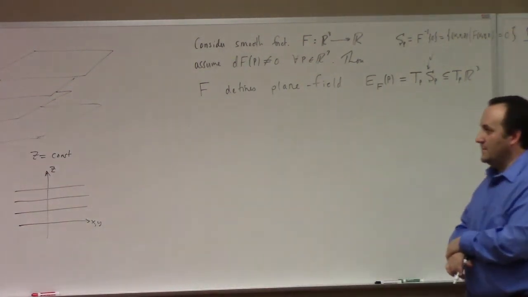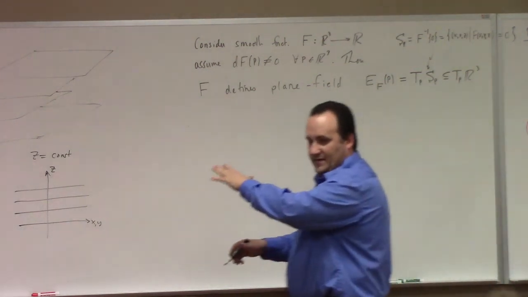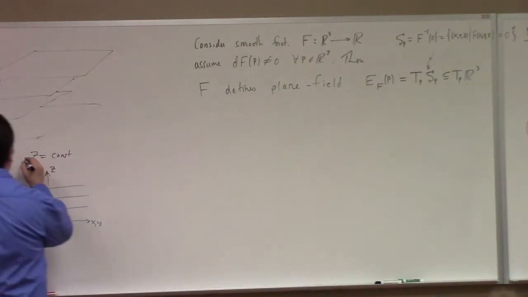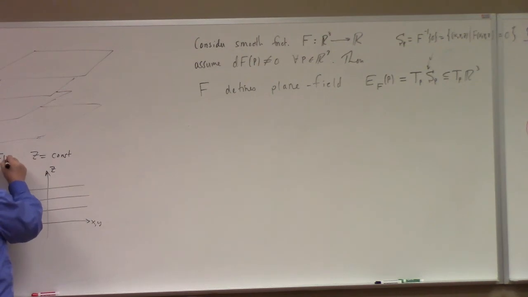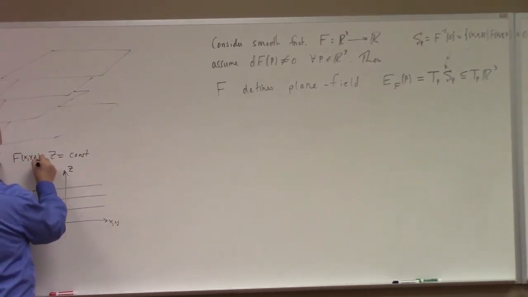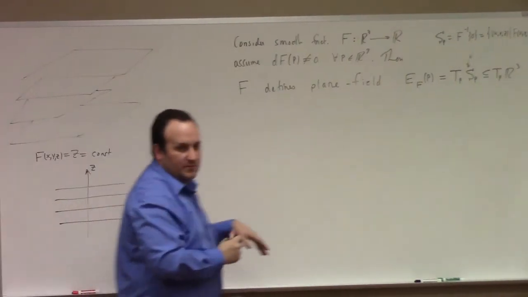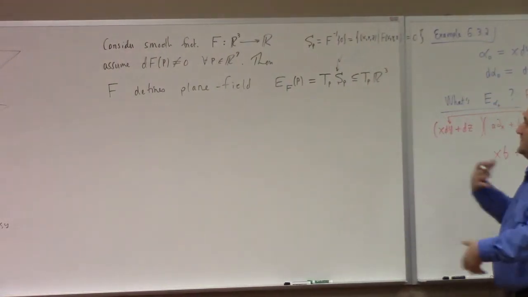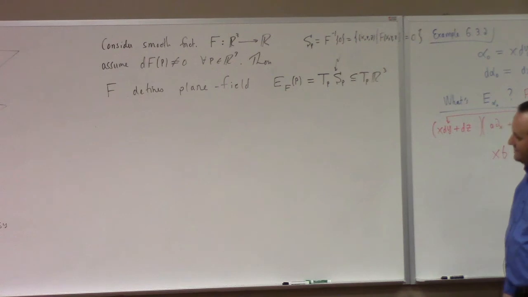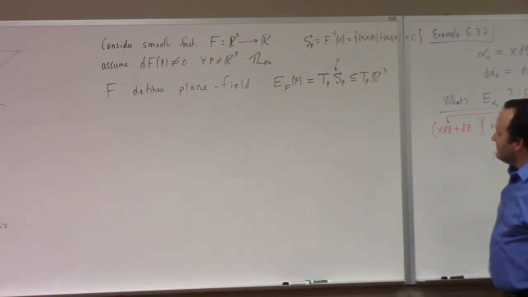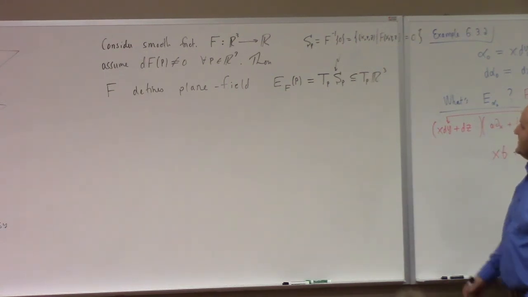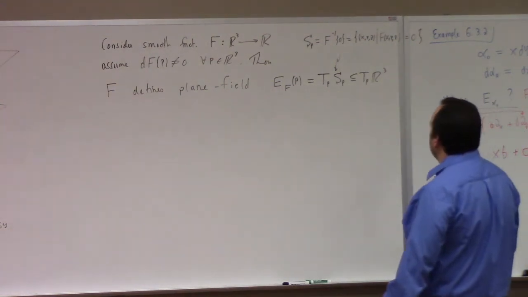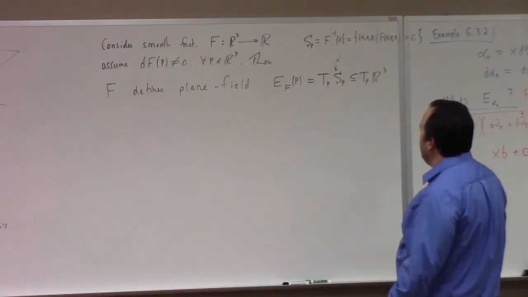So like, for example, this one, my f of x, y, z. Oh, it doesn't have to be 0. I'm an idiot. He's slipperier than I'm being. It doesn't have to be 0.